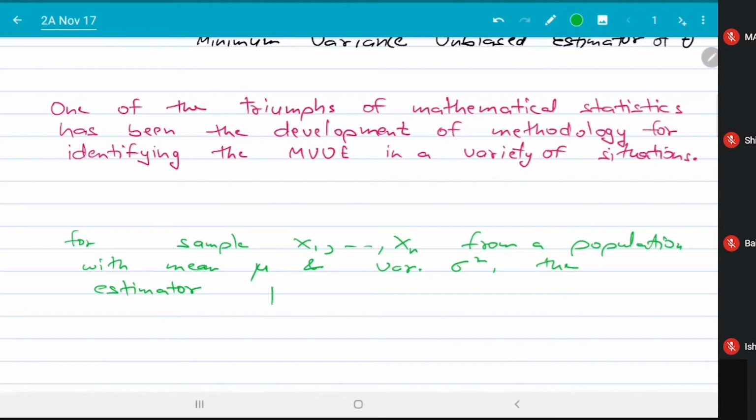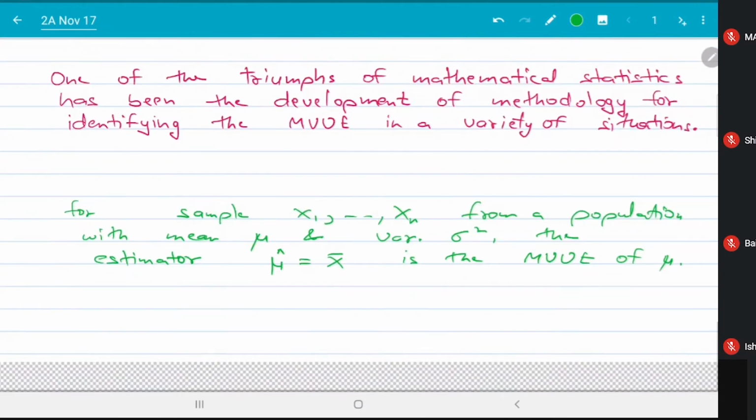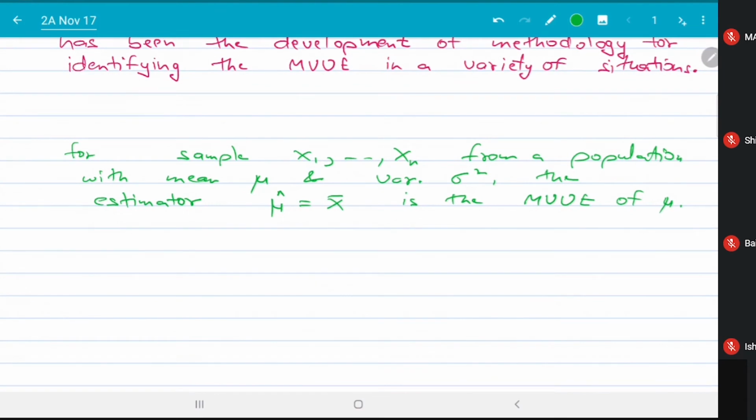For an estimator of the population mean, denoted by mu hat, if we use the sample mean, then this is the minimum variance unbiased estimator of the population mean. I'm not going to prove it here.